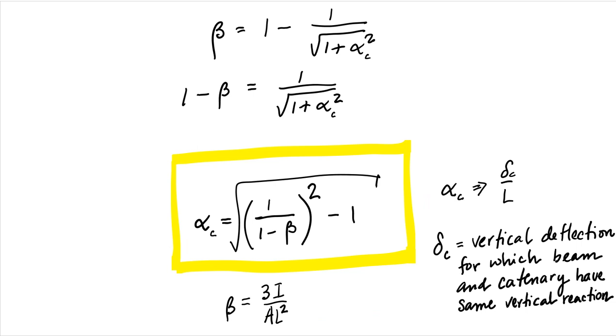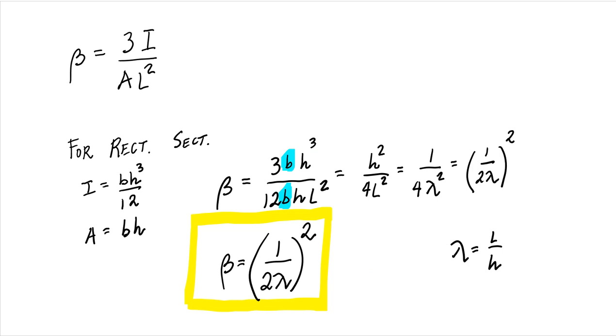Remember, beta depends on the moment of inertia, the area, and the length of the beam. So again, this alpha C is delta C divided by L, where delta C is the vertical deflection for which the beam and the catenary have the same vertical reaction.